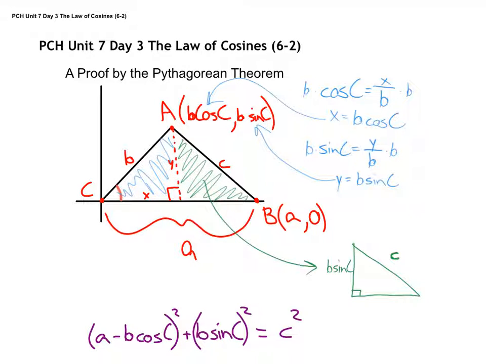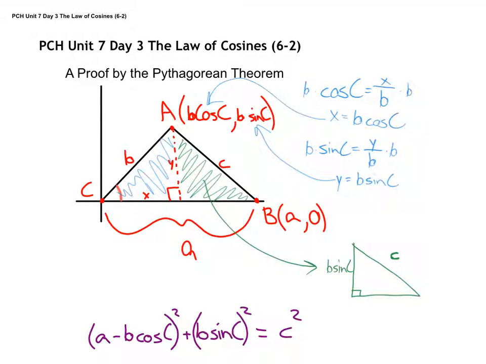But what about this bottom leg here? We know the whole length of this is A units long. It kind of looks like half of it, but we don't know it's exactly half. So A minus B cosine C? Well, what is B cosine of C?